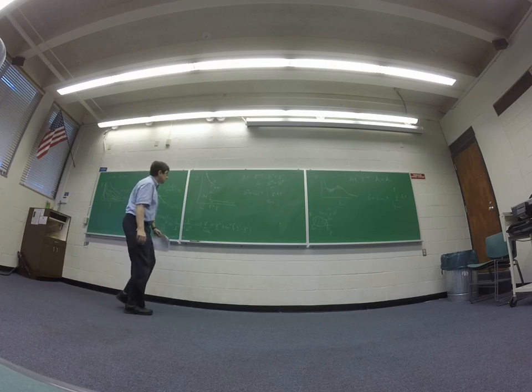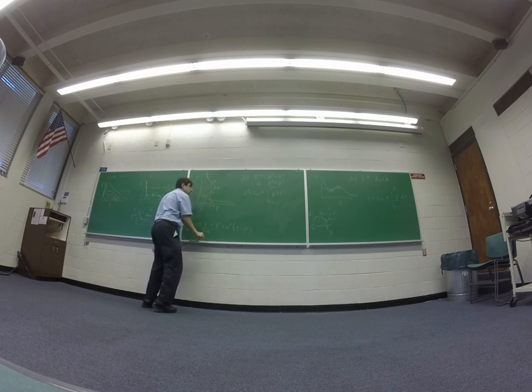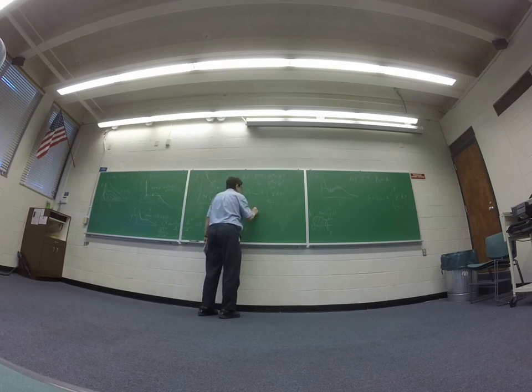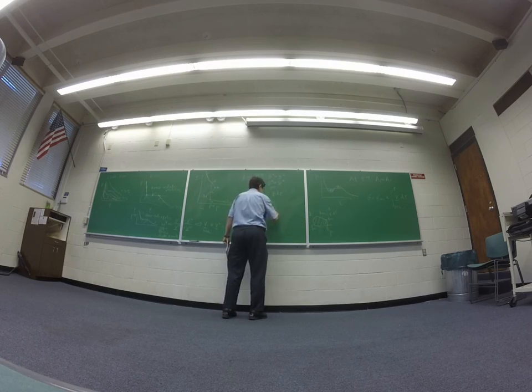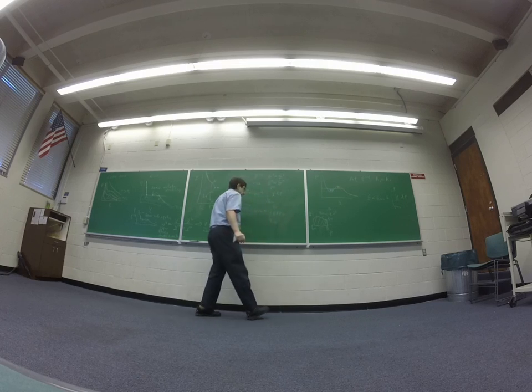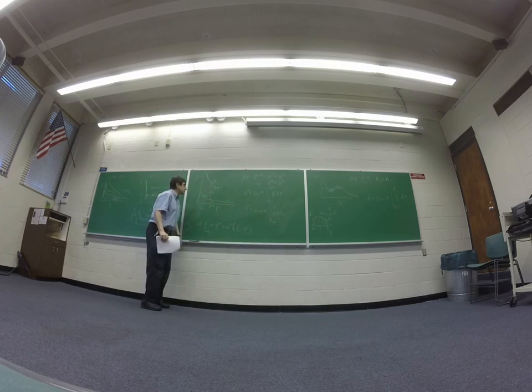Let's calculate next what G of c would be. G of c is G reference plus the integral from P reference to P at c of V dP, and I can break that integral up.